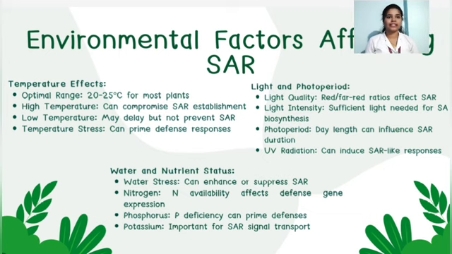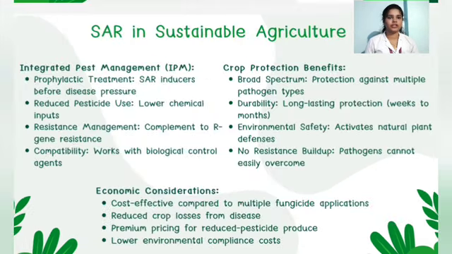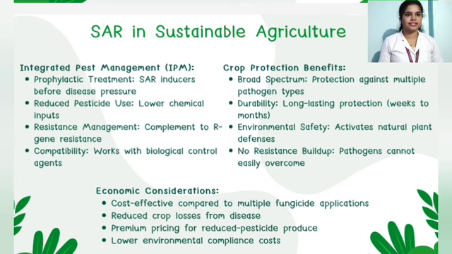Now see the agricultural applications of systemic acquired resistance. Chemical inducers like BTH and INA can artificially trigger systemic acquired resistance. Genetic engineering to enhance NPR1 or PR proteins can also increase resistance, and Harpin proteins from bacteria are another option.